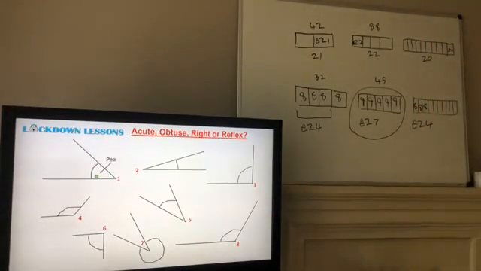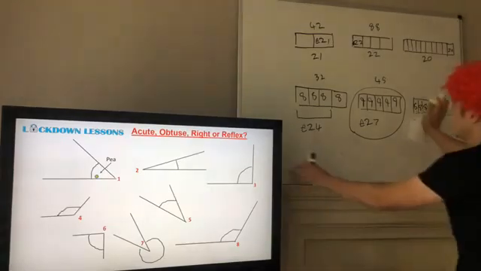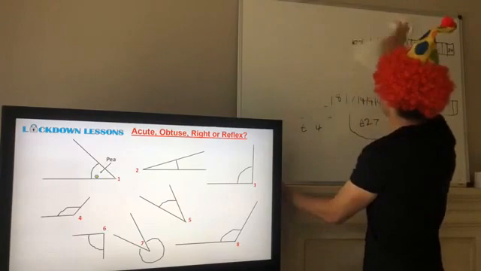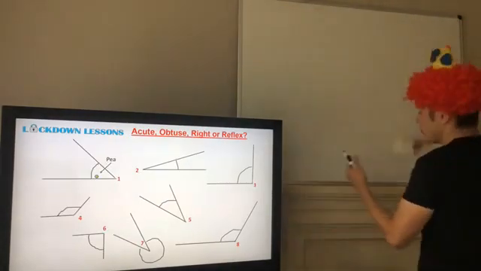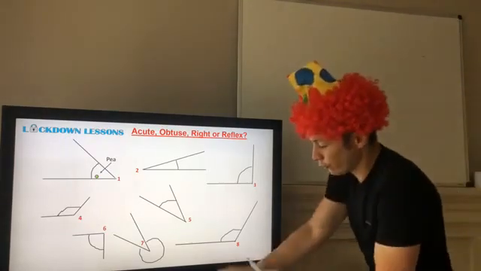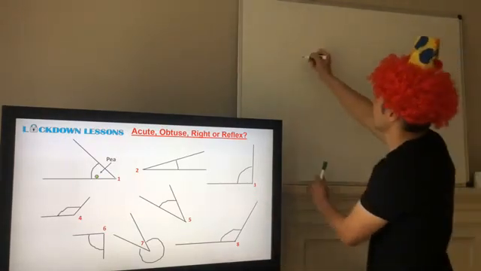Okay, let's have a look. So you can say whether they are acute, right angle, obtuse, or reflex.